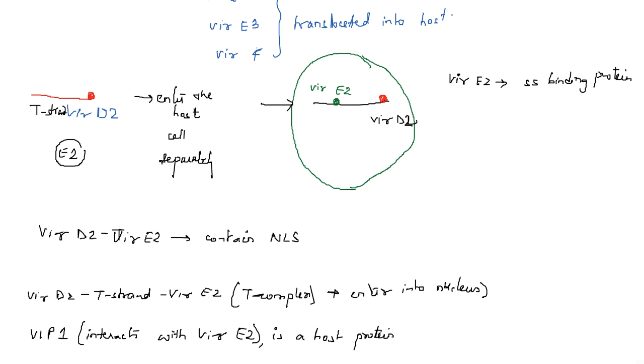So the role of VIP1 is that it helps the tDNA strand to enter into the nucleus.